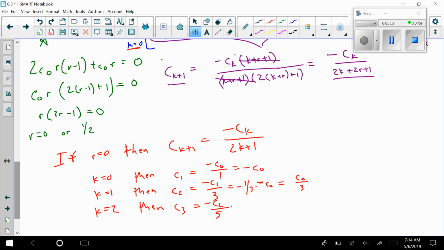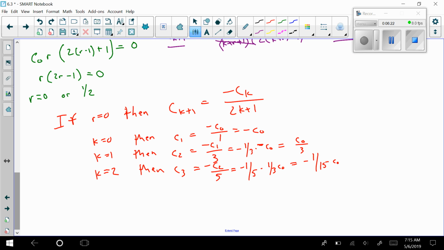Then I would have a negative 1/5 times c sub 2, which is c naught divided by 3, or 1/3 c naught, which would then give me negative 1/15 c naught. What you can see is this pattern emerging. Each one is going to have this c naught sprinkled throughout it.